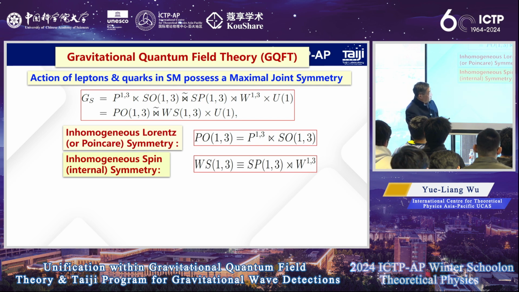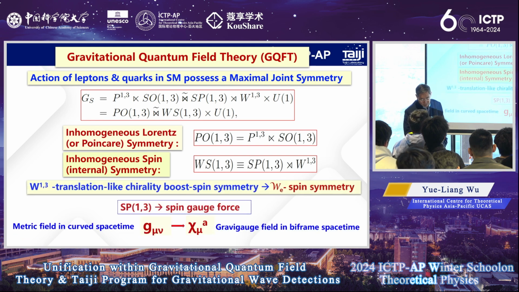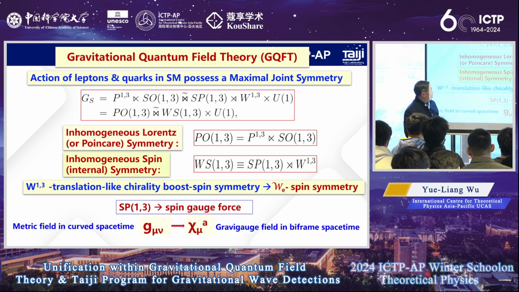And in the spin-related spacetime, you have a rotational spin symmetry, and also the translation-like one, which I call the internal translation-like symmetry. I call this the chirality-boost spin symmetry. The translation-like one is the rotational spin symmetry.